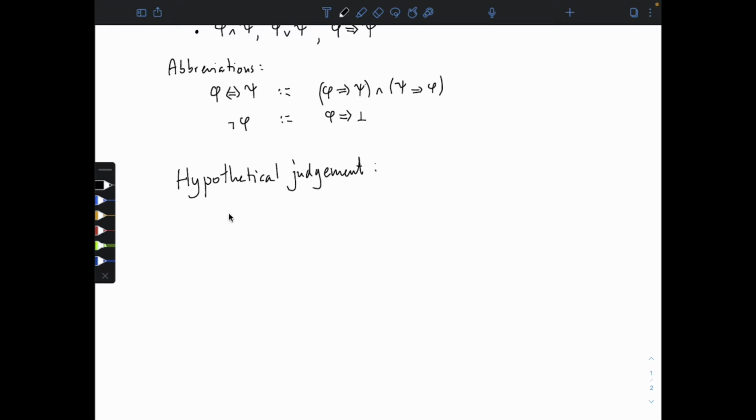And it's written like this. You have a bunch of formulas, and then you write a turnstile like that, and then you write a formula. These are called hypotheses. And this is, again, usually called the conclusion.